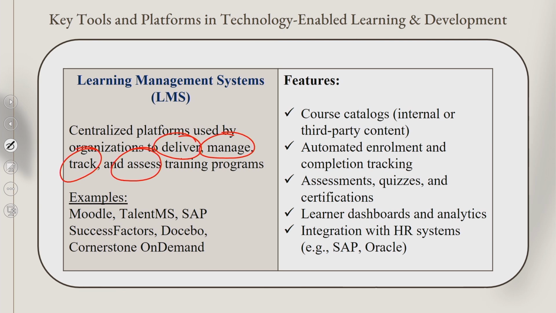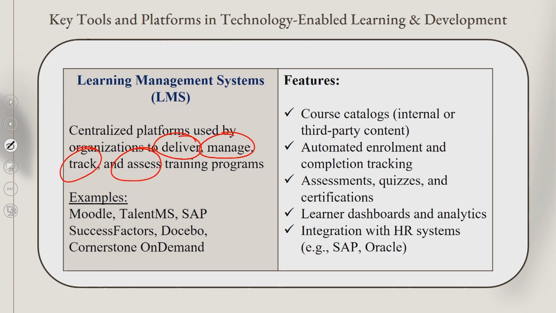When you look into the typical features of these learning management systems, you will have course catalogs, that is internal or third-party content. You will have automated enrollment and completion tracking. You will have a set of assessments, quizzes, and certifications. You will have learner dashboards and analytics.